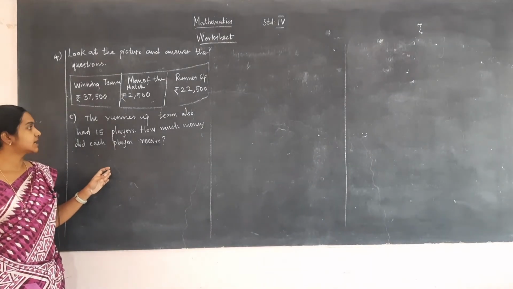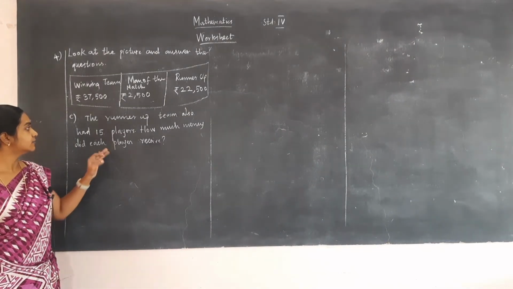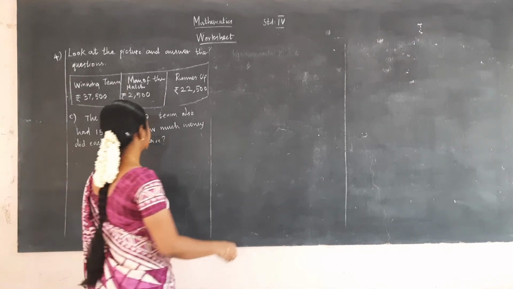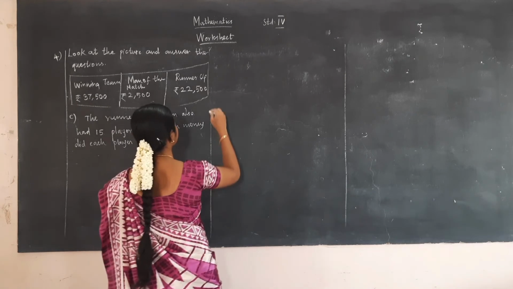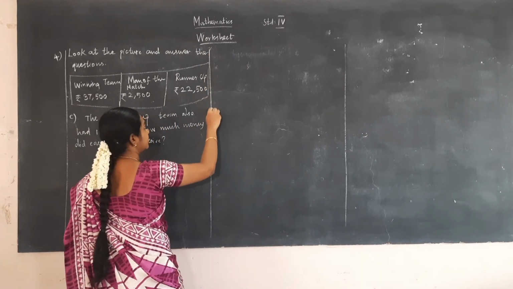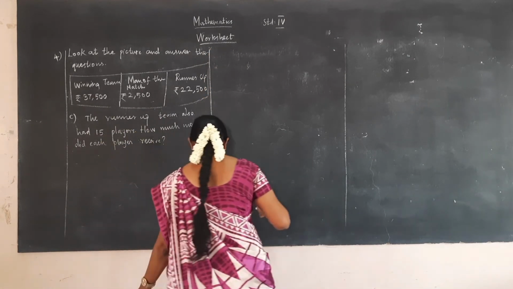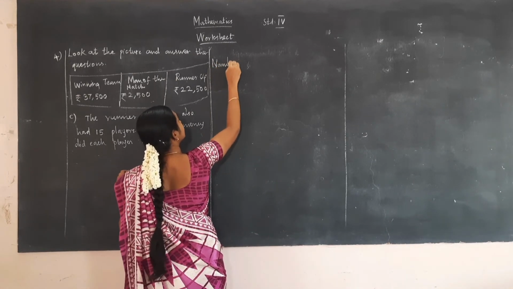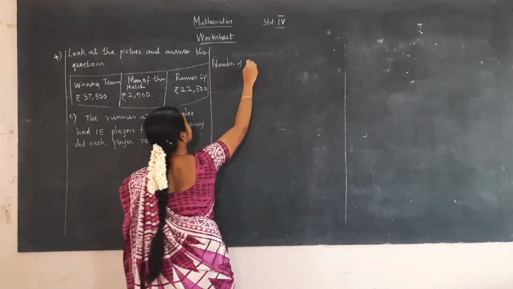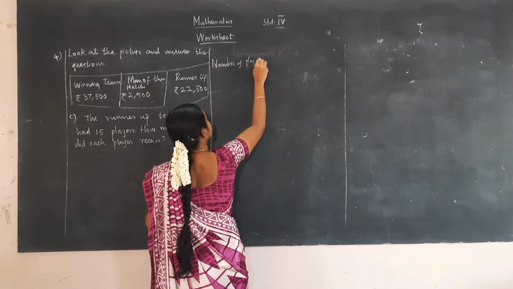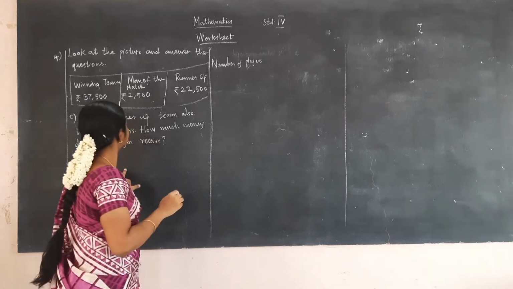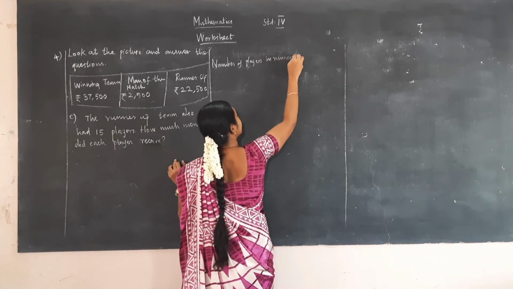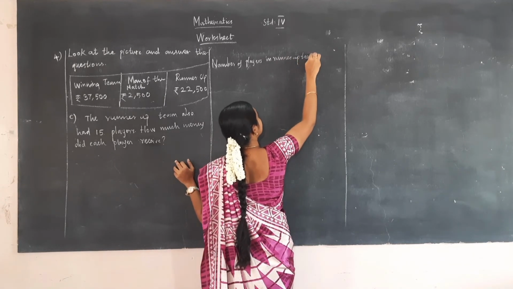The next question is, the runner-up team also had 15 players. How much money did each player receive? Number of players in the runner-up team is 15.